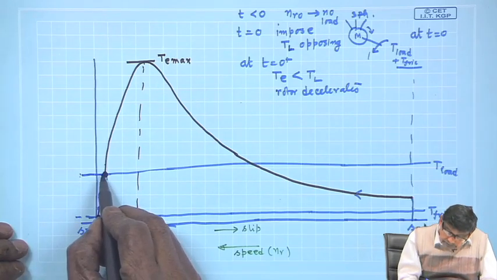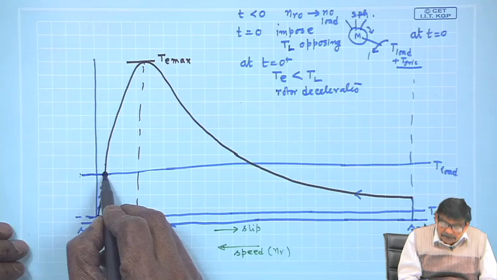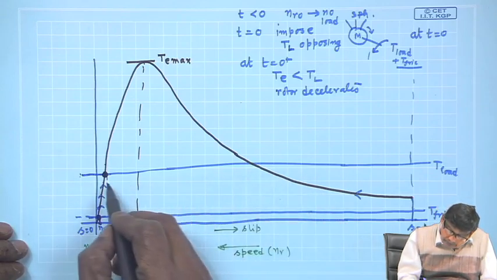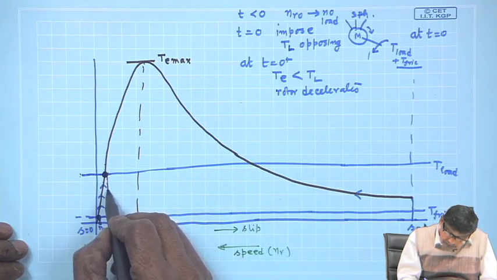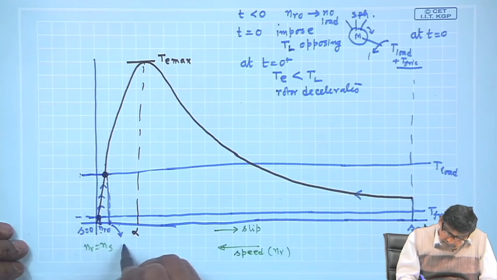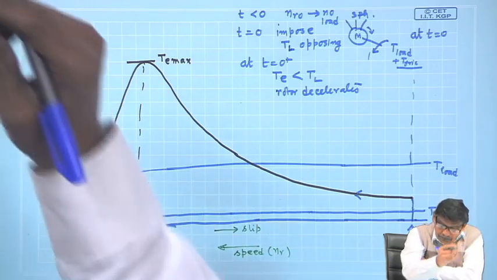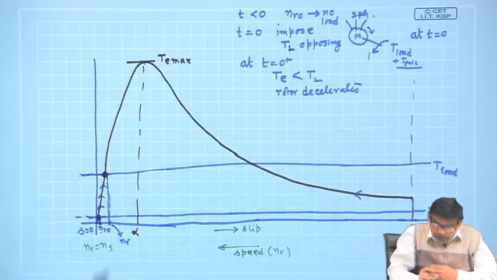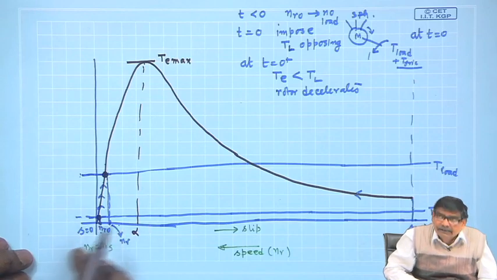That is, this is the point of intersection and the machine will now run therefore at this RPM N R, which will be further less than the no load speed, but nonetheless close by to Ns.